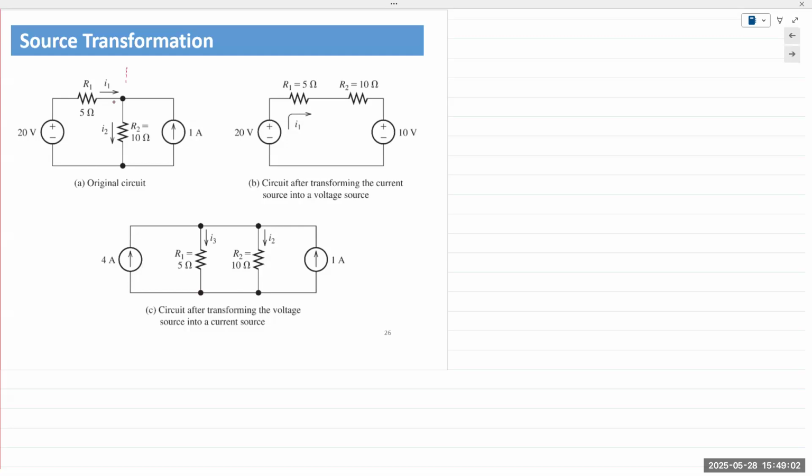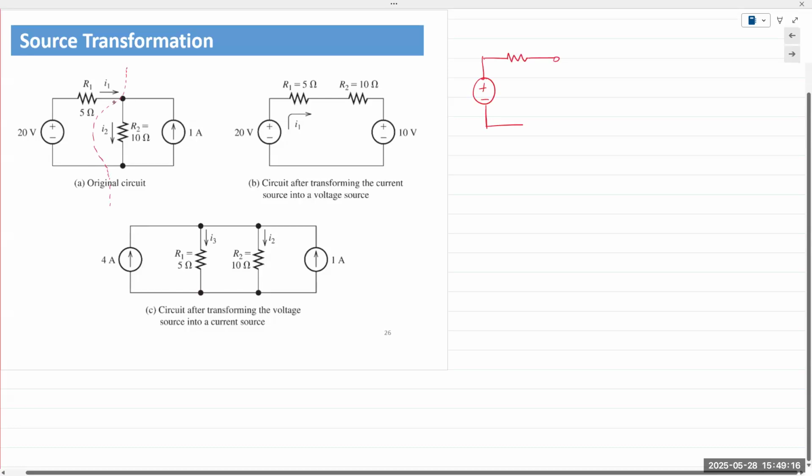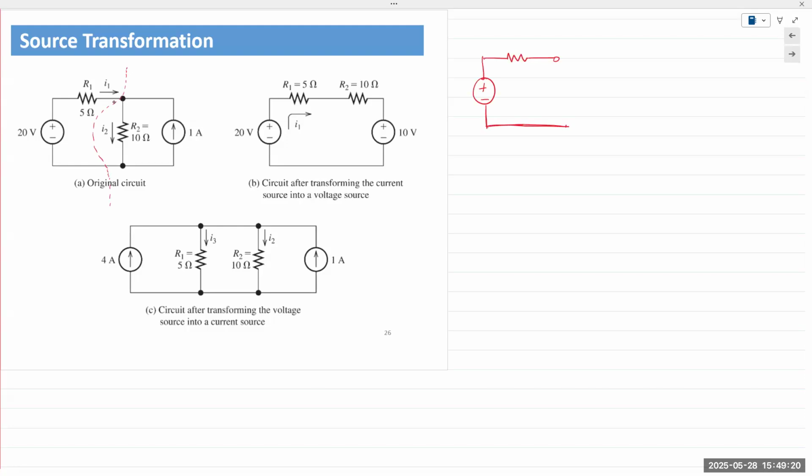We are going to break the circuit into two parts. The one on the left is the voltage source with a series resistor. And the one on the right is going to be the current source with the parallel resistor.